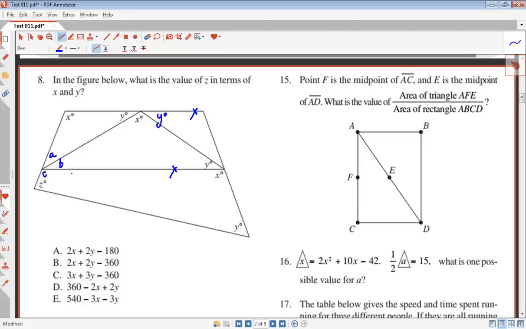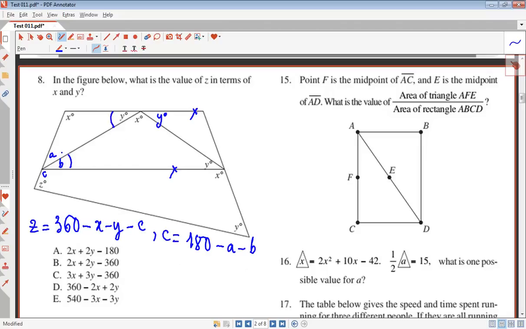First, we have the angle z equal to 360 subtract angle y, angle x, angle y, and angle C. And the angle C equal to 180 subtract the angle A, subtract the angle B. The angle B equal to y.